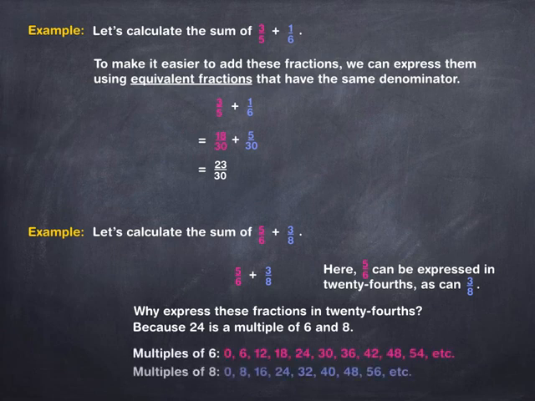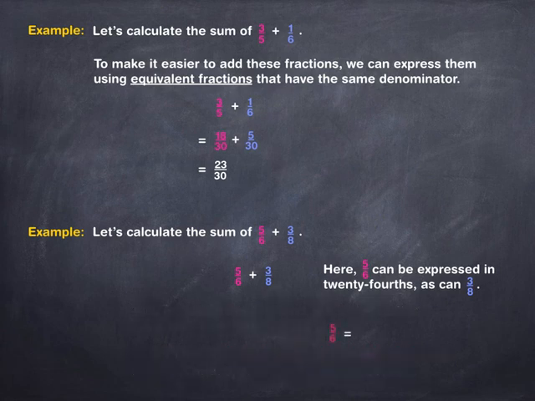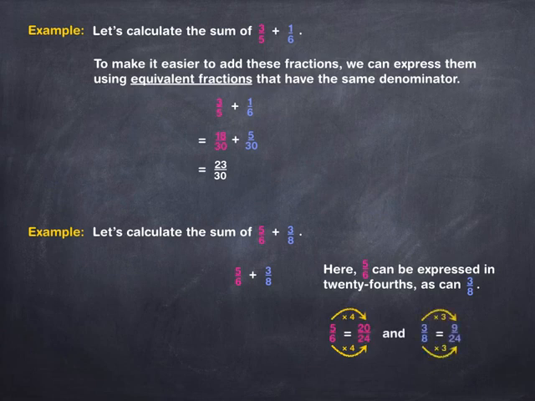Multiples of 6. Multiples of 8. 24 is common to both. Five-sixths is equal to 20/24ths, and 3/8 is equal to 9/24ths.